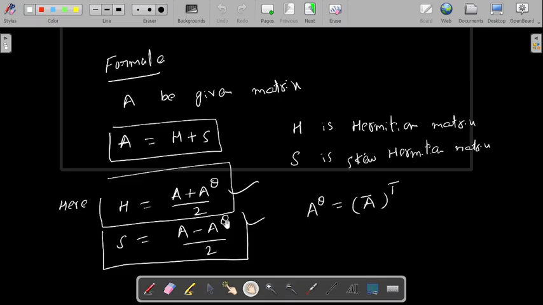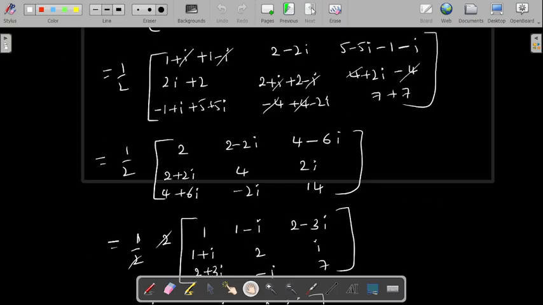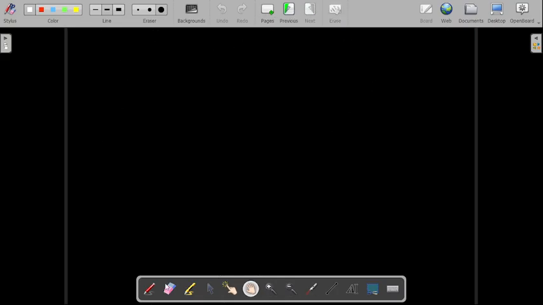So S is equal to 1 by 2 times A minus A power theta.